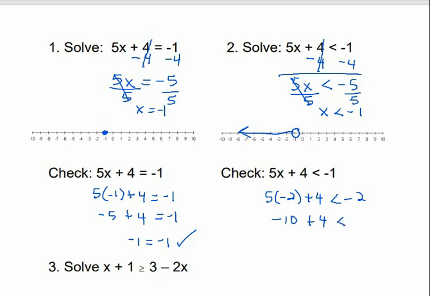Oh, I wrote this wrong here. All right, and then -10 plus -4, that would be -6. So this says -6 is less than -1. And since -6 is to the left of -1, we know that's true. -6 is less than -1, and my solution is correct.